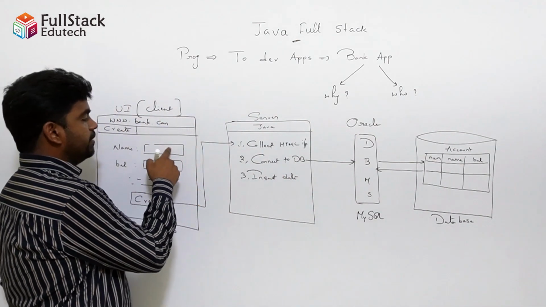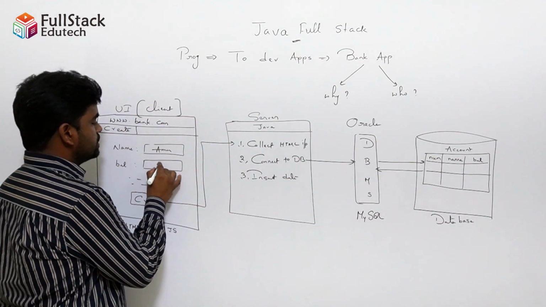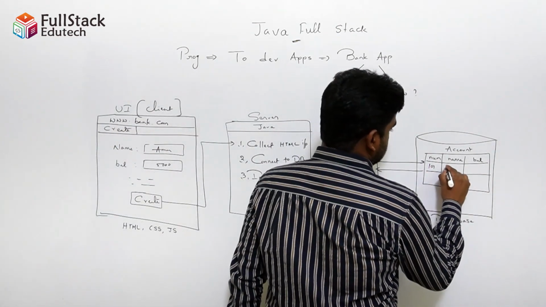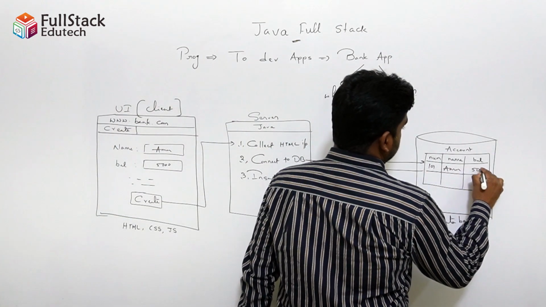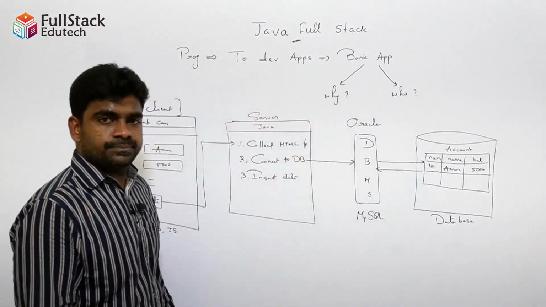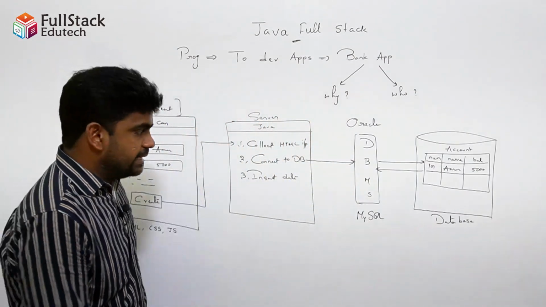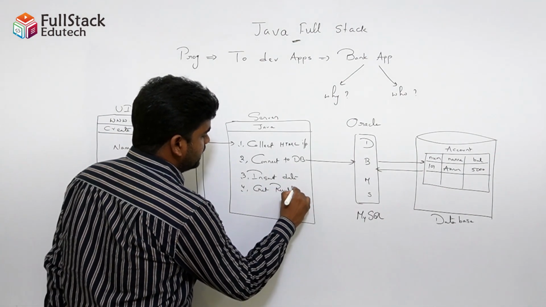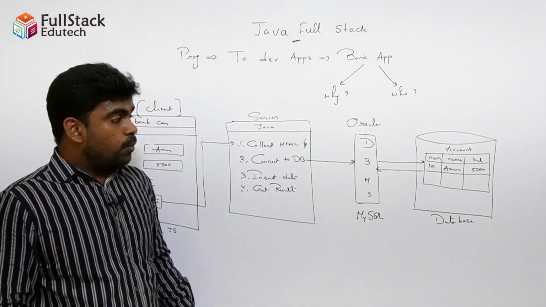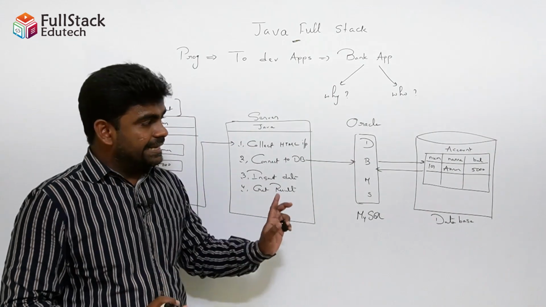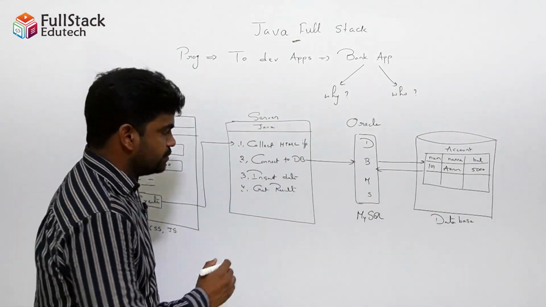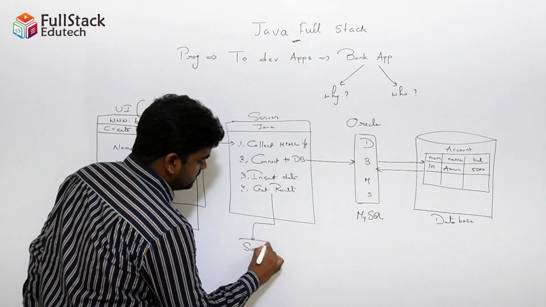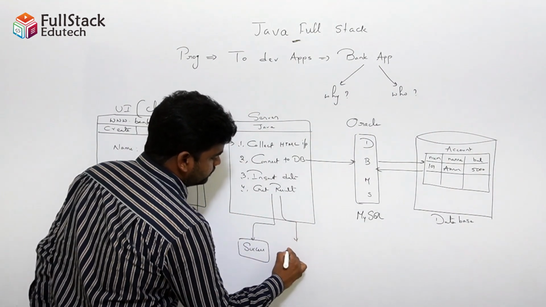Suppose Amar's balance is 5000 and the account number is generated automatically; that information will be stored. Once it is completed, it gets the result, whether the data was created successfully or not. Once the account is created successfully, it will display the message, success or failed.